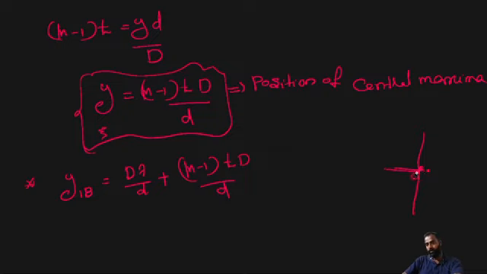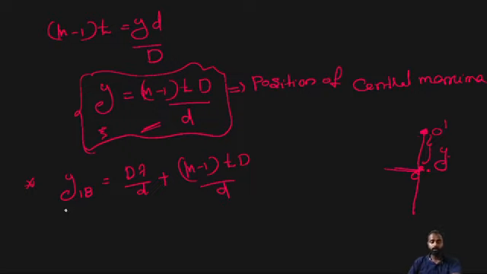This is O. Here was the central bright fringe, but now it is shifted to a new position O dash by an amount y. So the new fringes will count from here, and every fringe gets an extra amount of (mu minus 1) t D by d.